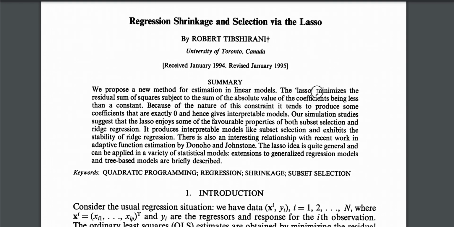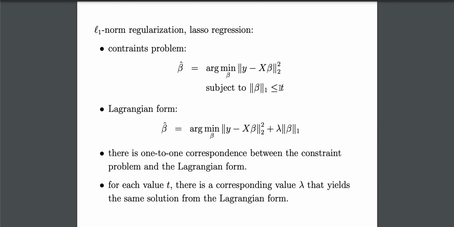The lasso minimizes the residual sum of squares subject to the sum of the absolute value of the coefficients being less than a constant. This is the constant. The sum of the absolute values of the coefficients is the L1 norm of beta.